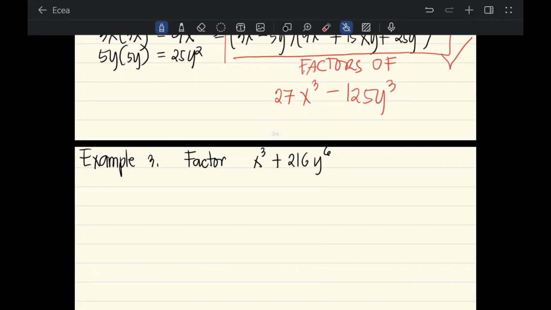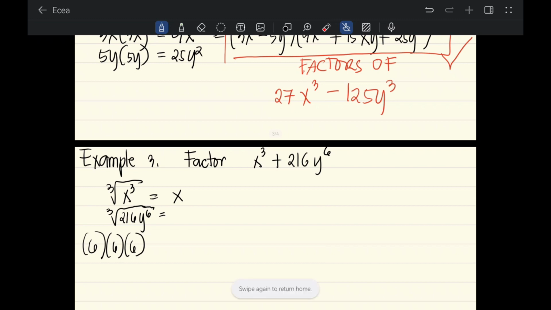So the cube root of x cubed is x. And the last term, the cube root of 216y raised to 6. So what you will do, you look for the cube root of 216. Now in this case, the cube root of 216 is 6 times 6 times 6.